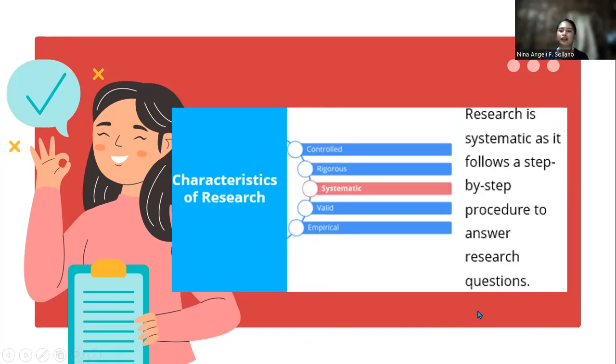Next is systematic, of course, because research must follow a step-by-step procedure. And we cannot start from the next procedure if the first one is not correct. So that is why we need to have a title first before we will go to the next chapters, okay?